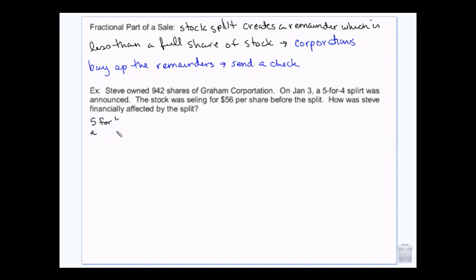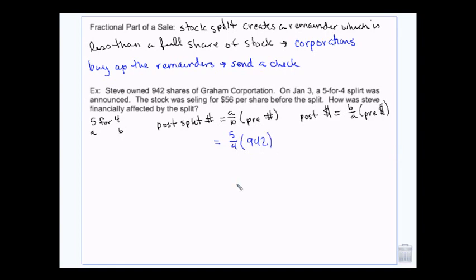So this is A, and this is B. My post-split number, remember, is A over B times the pre, and my post money is equal to B over A times the pre. So in this one, I'm going to have 5 over 4 times 942 shares.